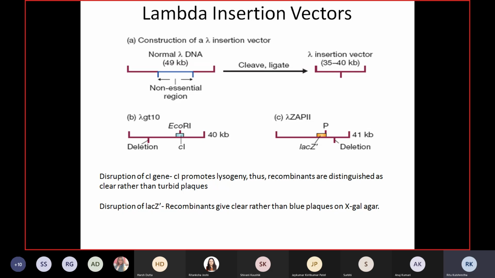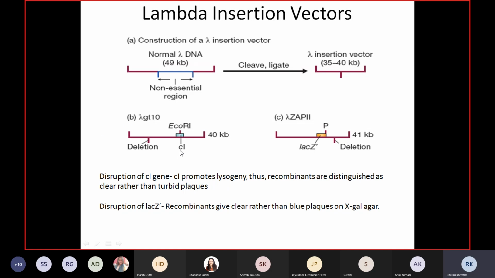If you remember, in case of plasmids we studied blue-white screening. Similarly, they wanted an option in the lambda vectors also. So they incorporated the lacZ gene inside the multiple cloning site that they introduced in the EcoRI site.